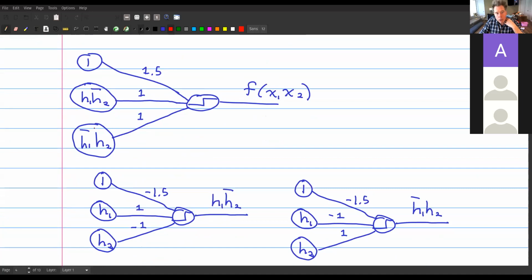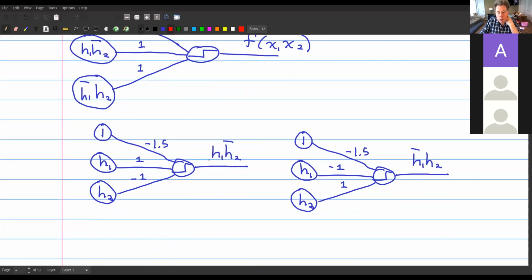So how do you express those? Well, here's how you express H1 and not H2. H2 has a negative coefficient on its connection, and H1 is just copied, but now you have the minus 1.5, that's for and. So this is H1 and not H2. And so similarly over here, you have not H1 and H2.